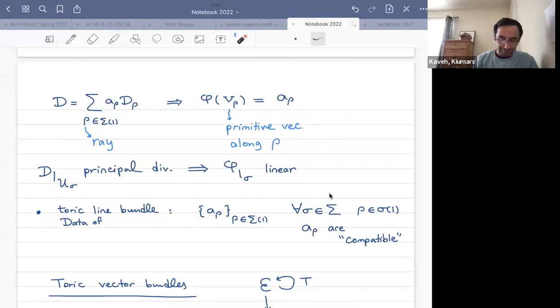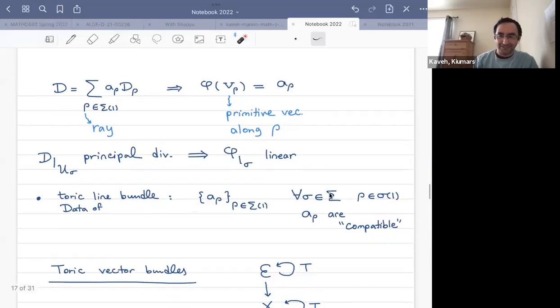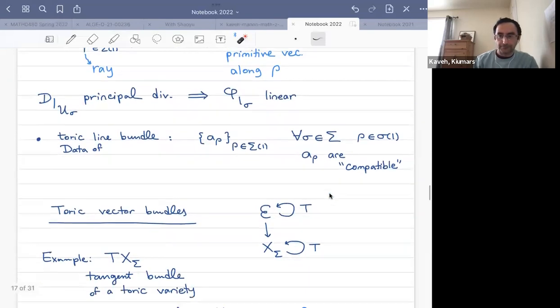And yeah, that's it. It all comes from the fact that the line bundle has a torus action, which translates to being represented by the divisor class of a torus invariant locally principal divisor.